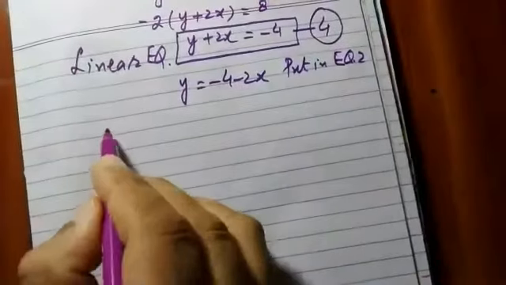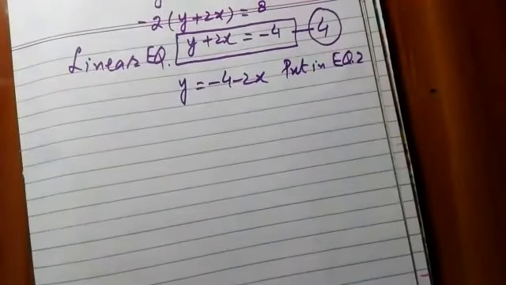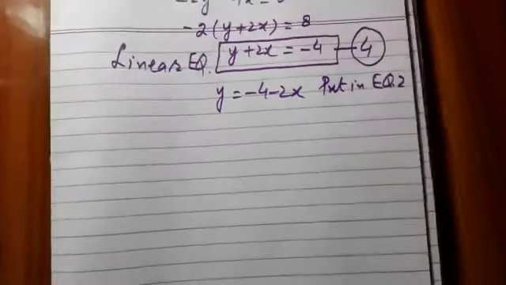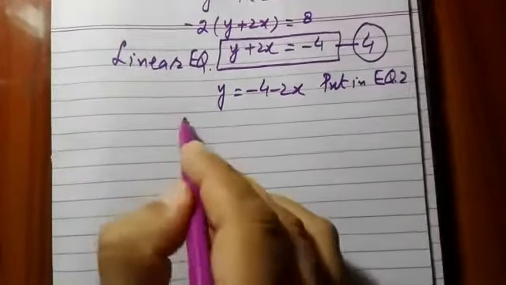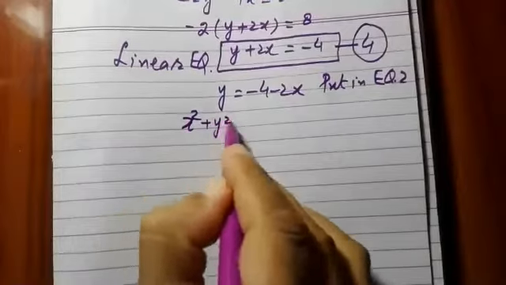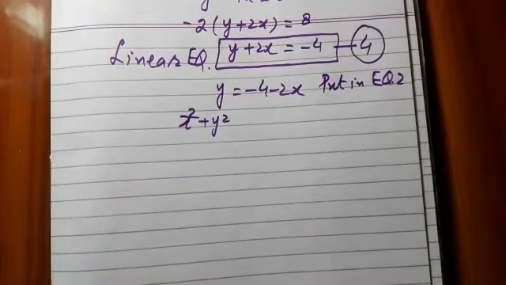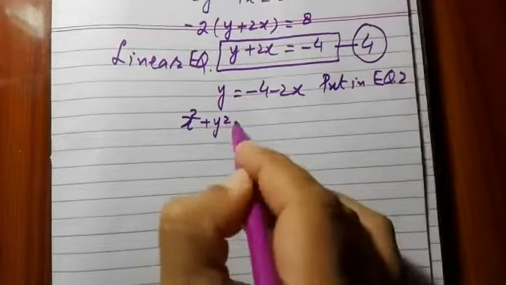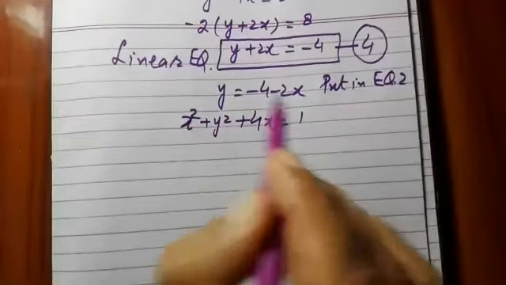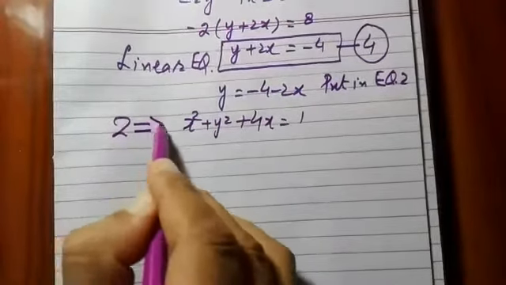So equation number 2 is actually x square plus y square plus 4x equals to 1. This is equation number 2.